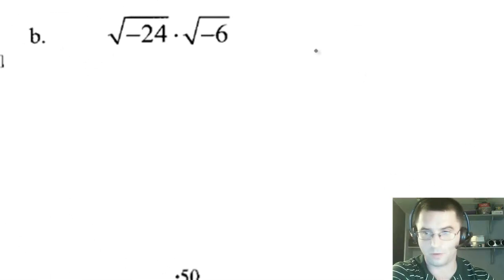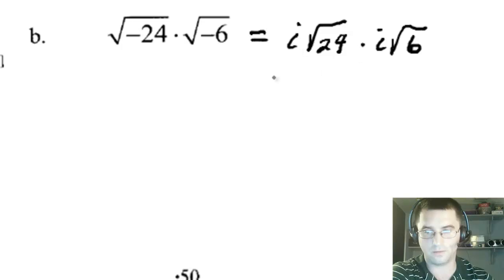So on this problem that was given on the test, I'm going to pull out a negative 1. The square root of negative 1 is i. So I have this, and then I have this.